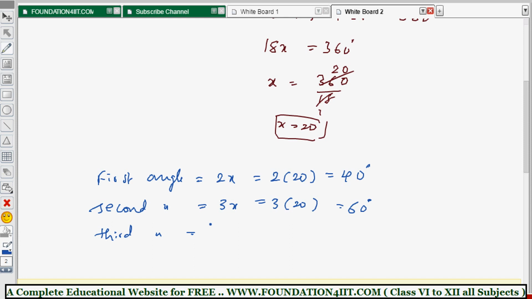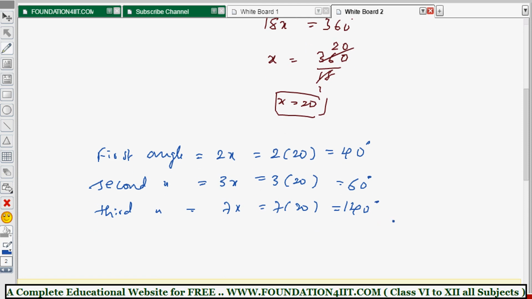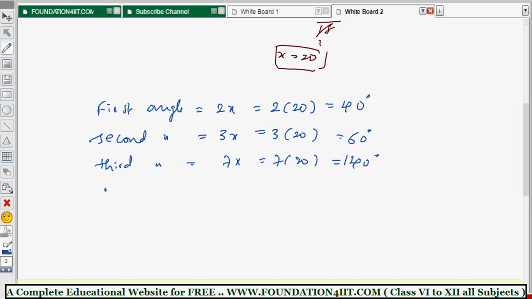And third angle is 7x, right? So 7 into 20, so 140 degrees. And similarly the last is 6x. So fourth angle is 6x, so 6 into 20, so it's 120.